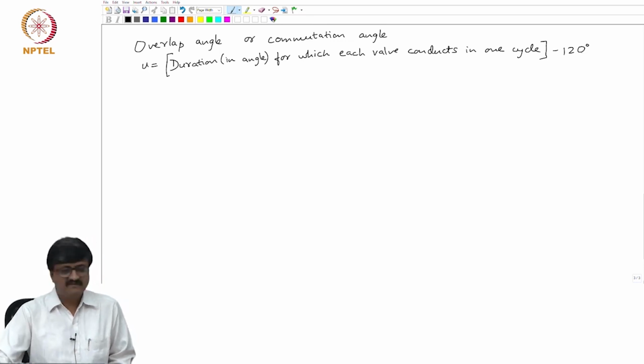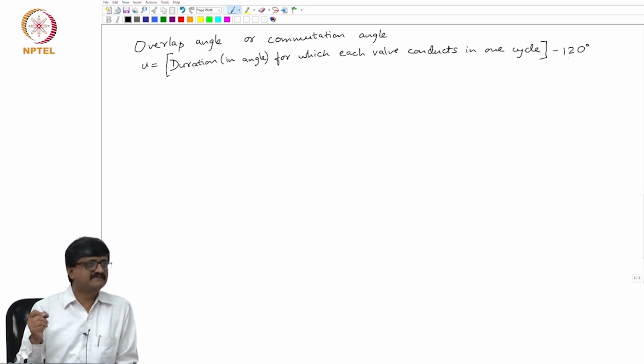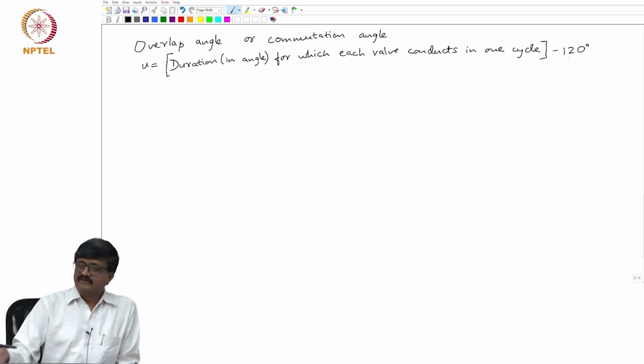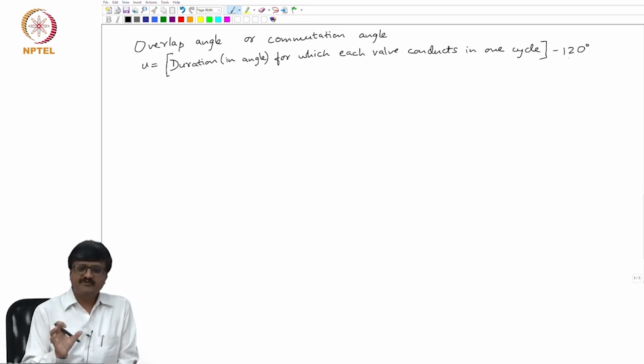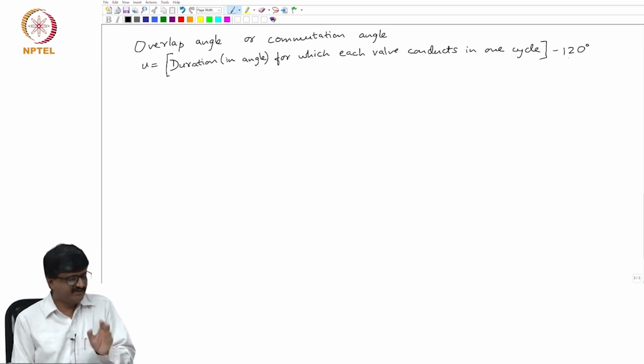Do you remember this? When there is no inductance on the AC side, each valve conducts for exactly 120 degrees in one cycle. Now, it is more than 120. So, the difference between the duration and 120 is the overlap angle. That is the definition of U. U is the notation used for overlap angle or commutation angle.